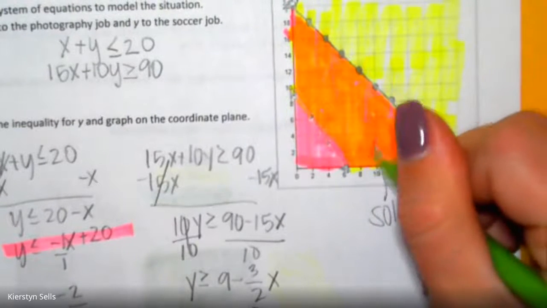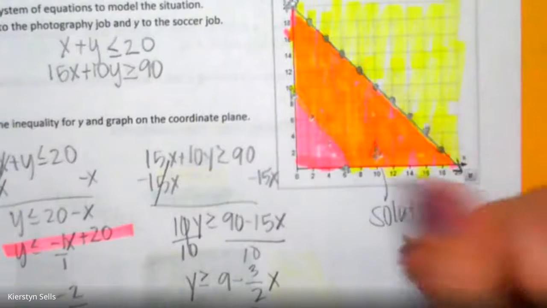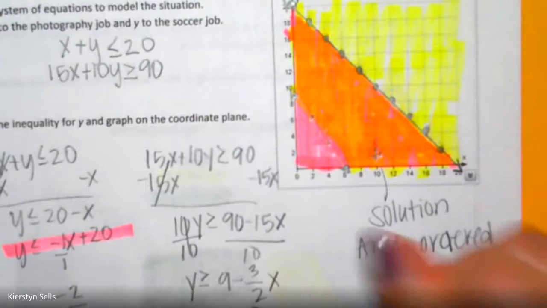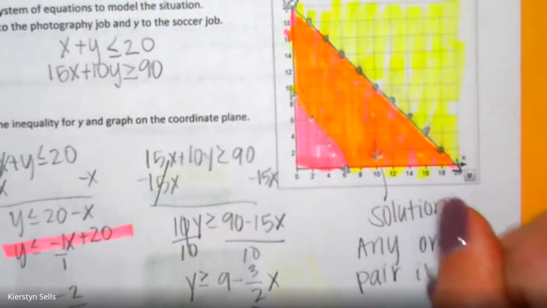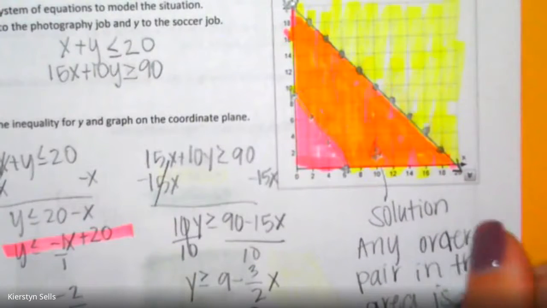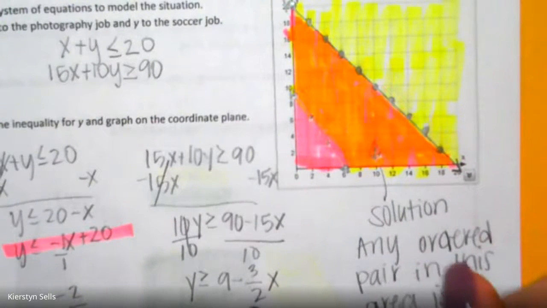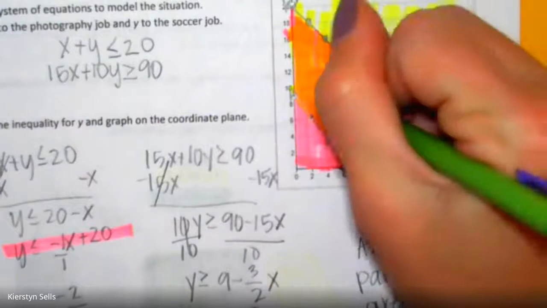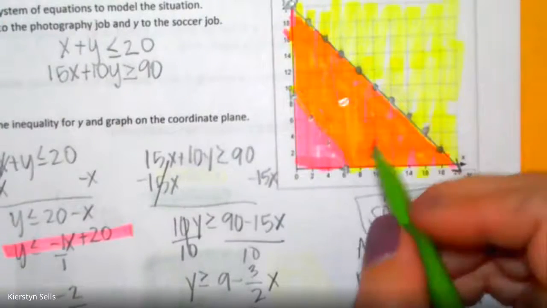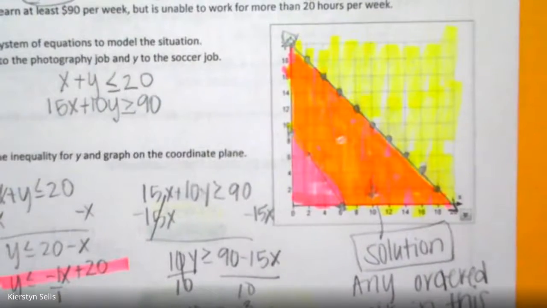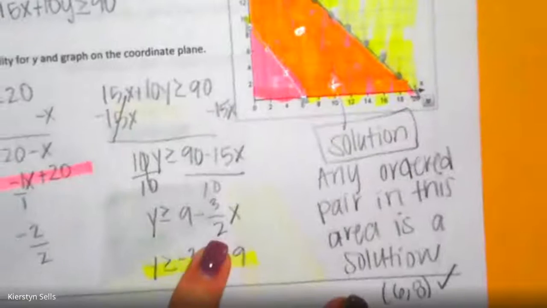So make sure you know this. Any ordered pair in this area is a solution. One of your Delta Math assignments is going to ask for you to give an ordered pair. So if I asked you to give me an ordered pair, you could say 6, 8. 6, 8 is in there, so it is a solution.